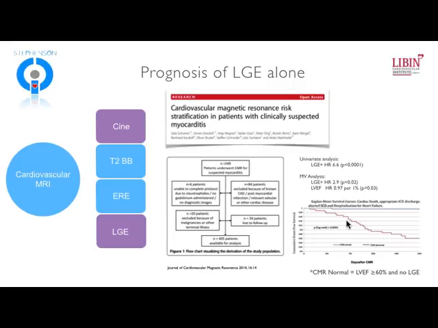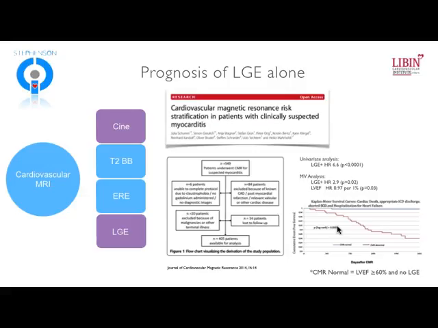And indeed, what we see is that a lot of the prognostic work to date is based solely on late gadolinium enhancement. Heiko Mahrholdt's group in Germany has really published the majority of this work. And this study here was in 405 patients where they essentially wanted to look at the prognostic utility of doing an MRI. Now, their protocols typically include both cine imaging and late gadolinium enhancement, but not routinely T2 weighted imaging or early relative enhancement.